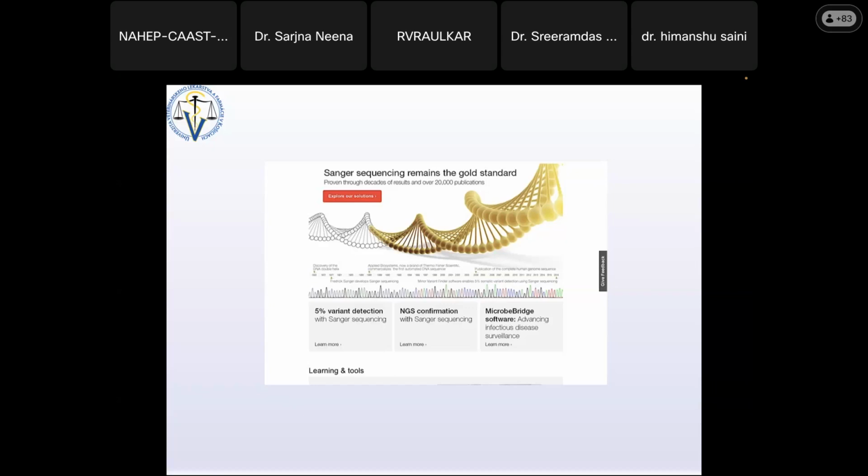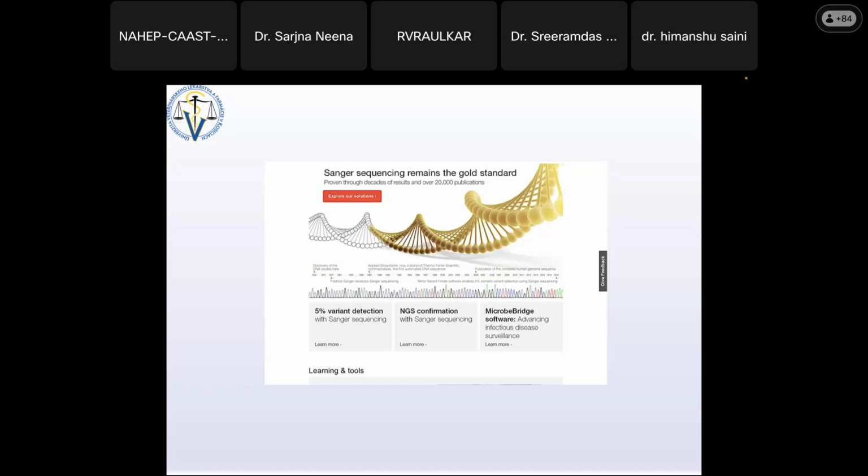Because the Sanger sequencing was previously based on the SDS-PAGE, polyacrylamide gel electrophoresis. So it was not capillary based, but it was gel based.